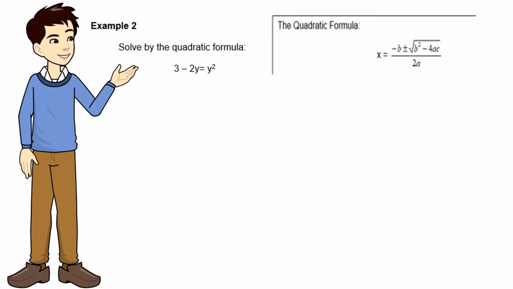At galing. For our example number 2, given 3 minus 2y equals y squared. So makikita natin sa ating given equation, the given equation is not in a standard form. So gawin muna natin siyang standard form.